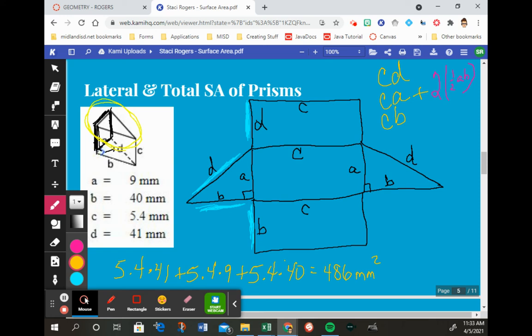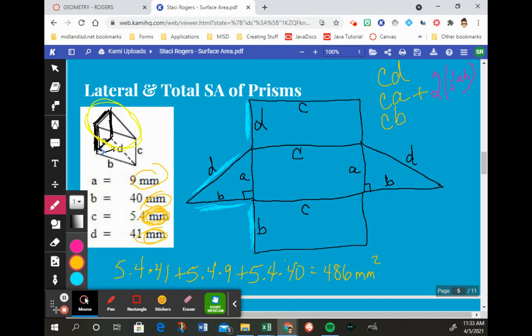Why is it square? Well, I'm only multiplying 2 at a time. So like A times C, or C times B, or C times D. I'm only multiplying 2 at a time, not 3.